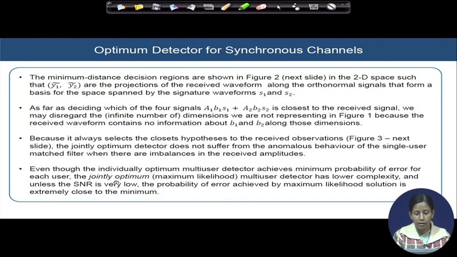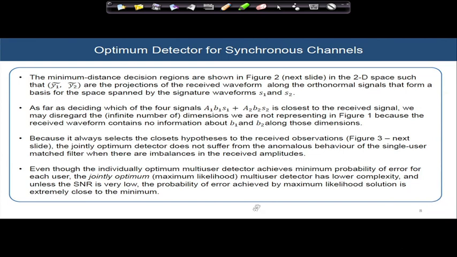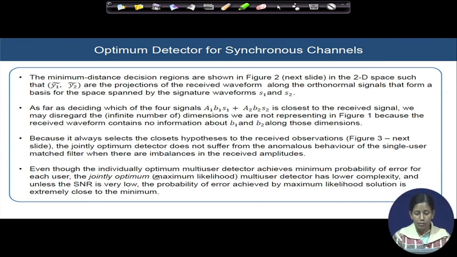If the question comes like this, then the answer is that the jointly optimum multi-user detector is much less complex compared to the individually optimum one, and unless the SNR is very low, it can give a low error probability also, because maximum likelihood estimation is involved, and it can be very close to the minimum error probability promised.